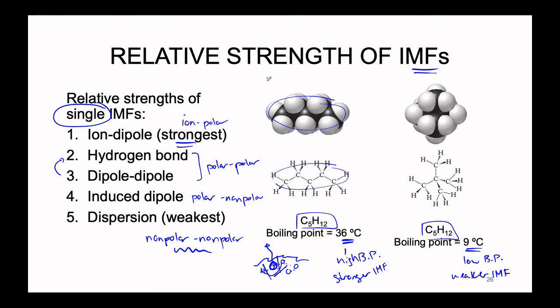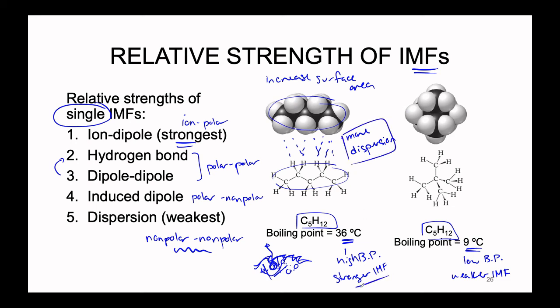What this does is increase the surface area of the molecule, meaning that if these two things were to come into contact with each other, as they would in a liquid state, there are more points of contact between the hydrogens, which gives us a greater degree of dispersion. Since we have more dispersion, we have a stronger resulting intermolecular force and a higher boiling point as a result.